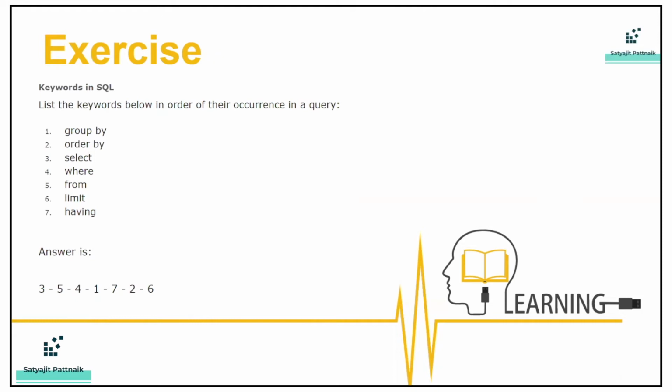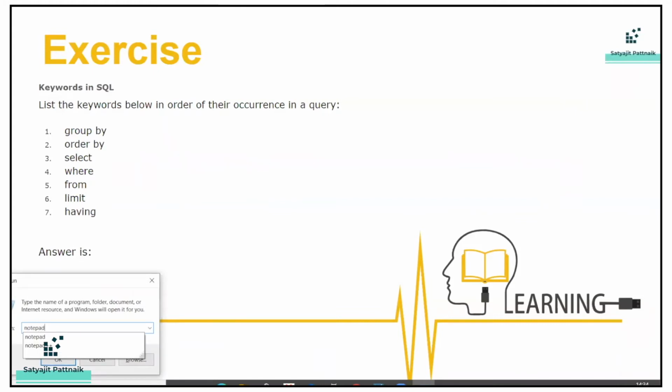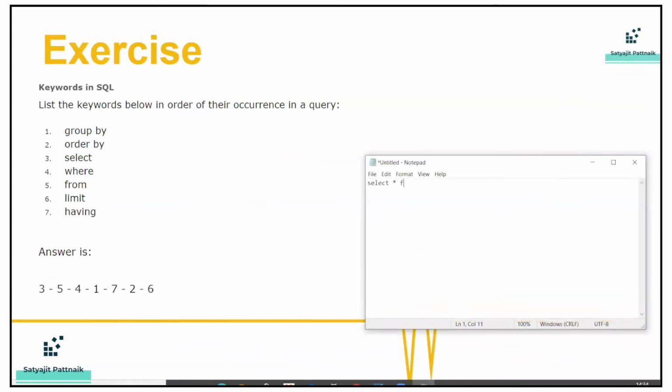Where? So that means my number 3 comes first, select star from. Then 5 comes second. From table name where, so where comes fourth. Where something, group by, then comes your having clause, then comes your order by, then comes your limit. So this is how it looks. I'll just write it down. Let's say select star from table name where something greater than something.